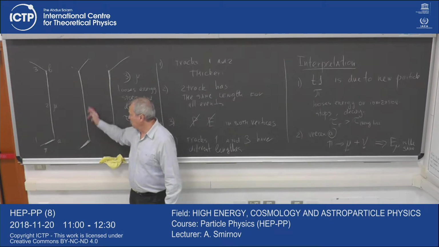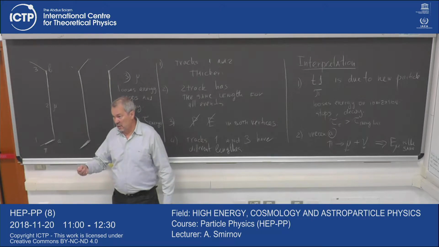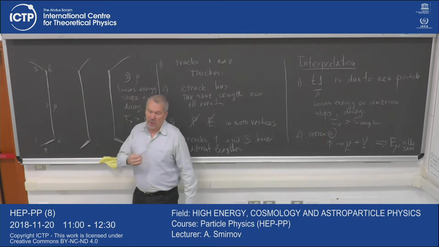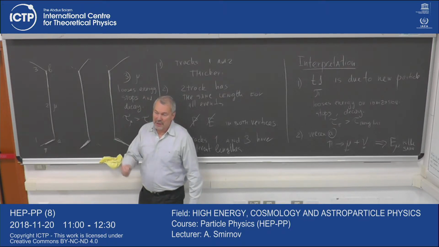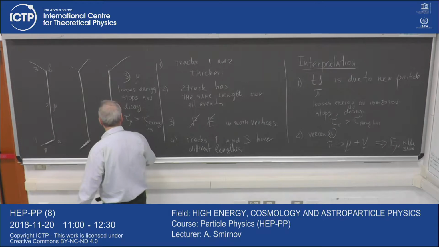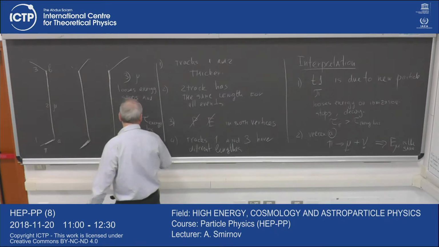Then the length of the track is determined not by decay, but by energy loss, by ionization energy loss. And so, since it's more or less a classical process, you have the same length to lose the energy from initial to zero, essentially.